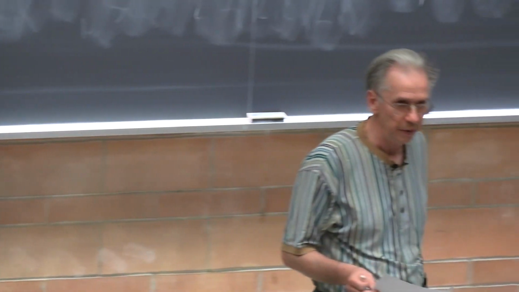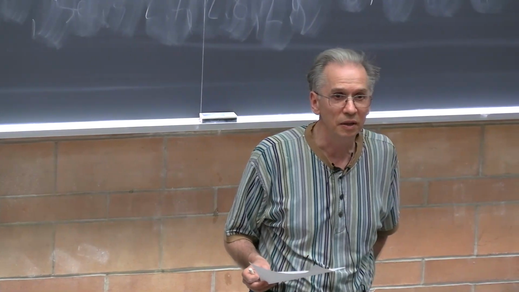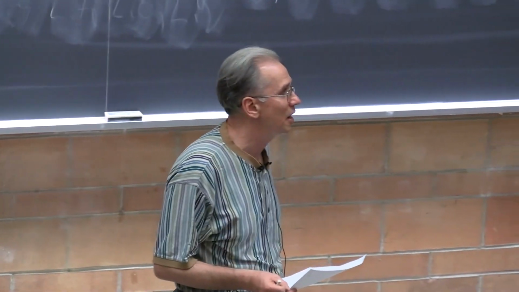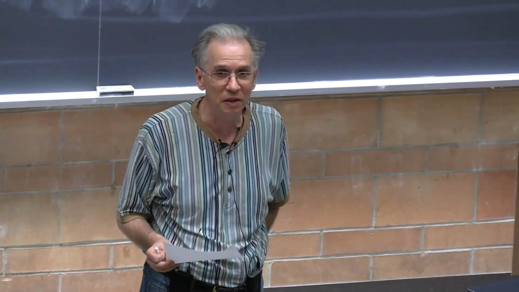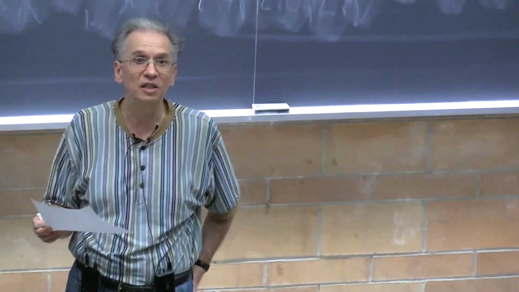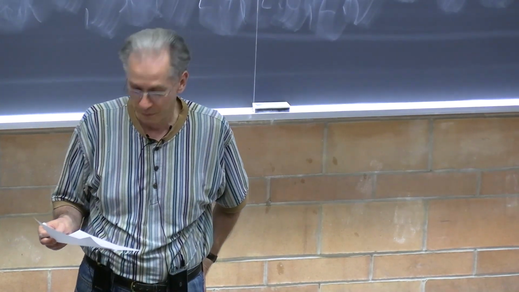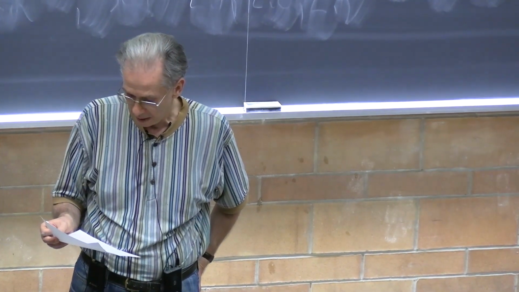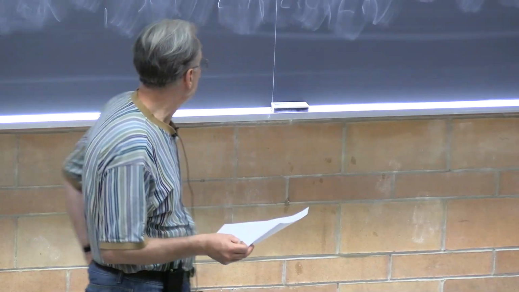Then this gives us what is known as the Lebesgue-Stieltjes measure on R1. In some books, including Billingsley, it's just called the Stieltjes measure. Okay?